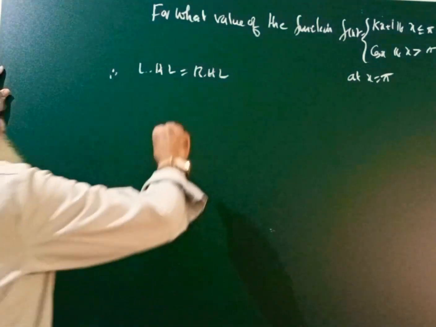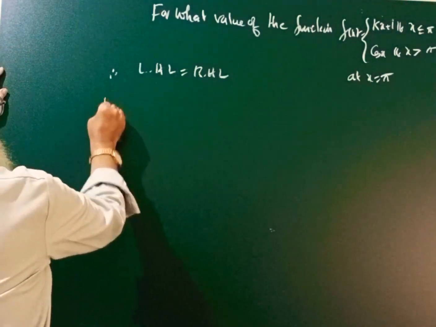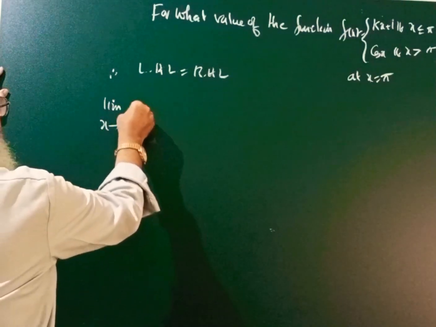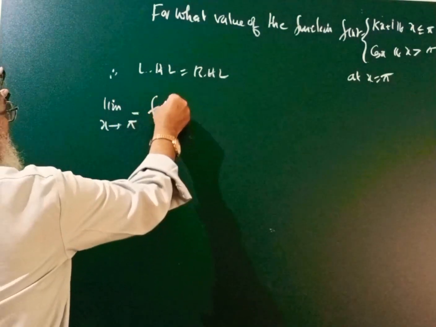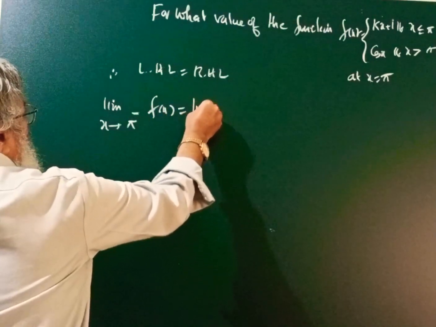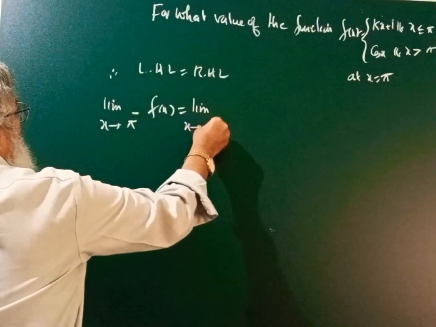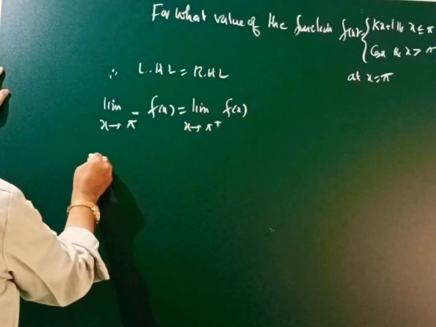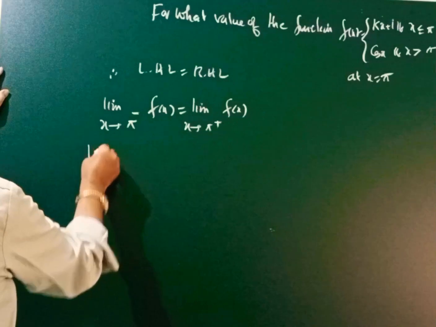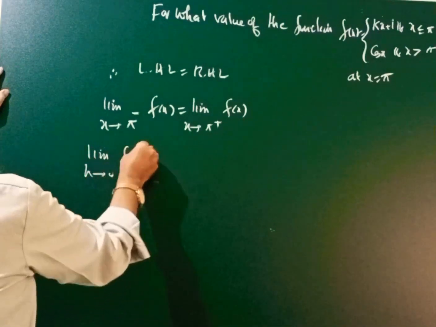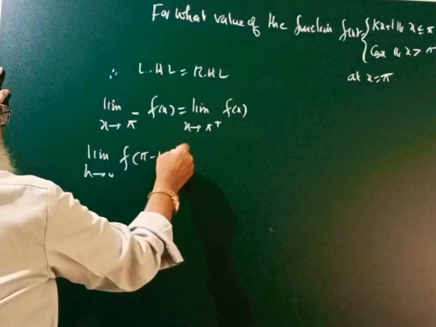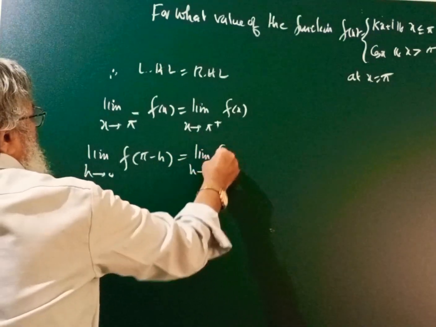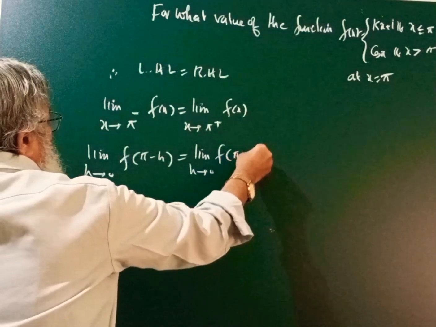So we should take this elaborated form, that is limit x tends to pi from the negative side of f(x) must be the same as limit x tends to pi from the positive side of f(x). We can write this as limit h tends to 0 of f(pi minus h) equals limit h tends to 0 of f(pi plus h).